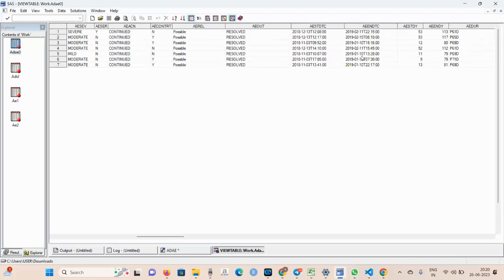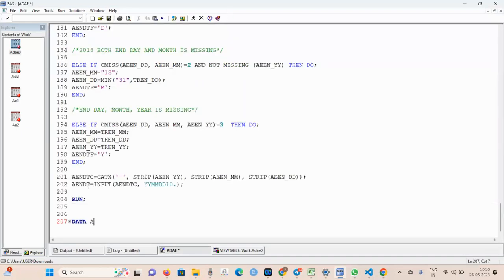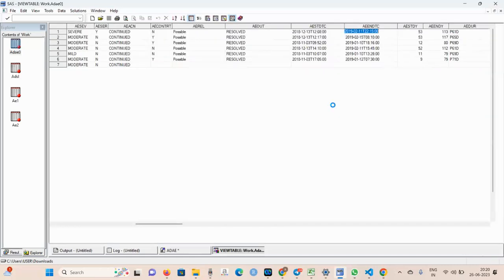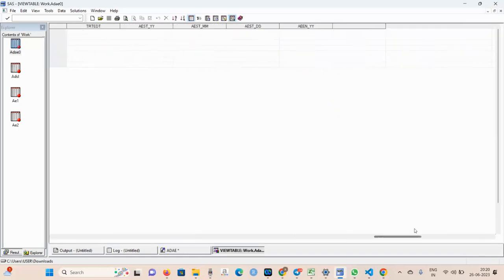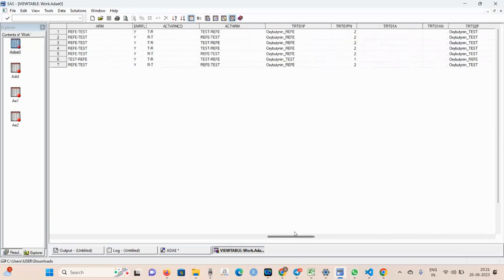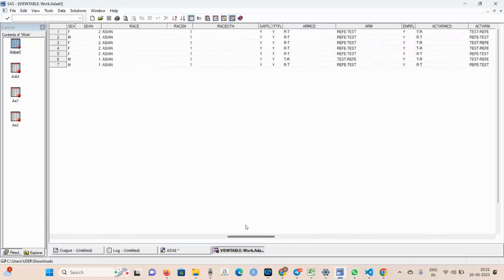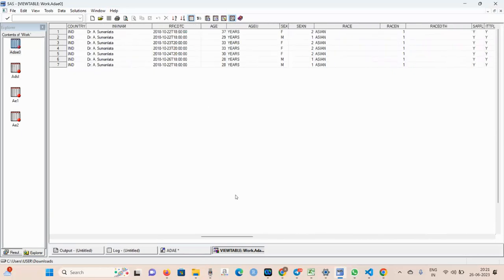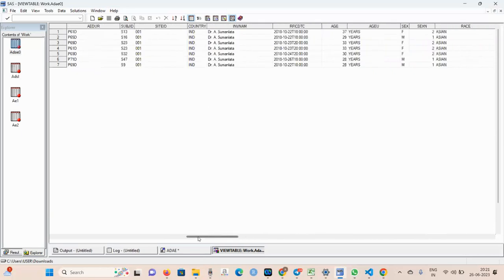Okay, so here the AE and DTC. Because we don't have any missing values, typically the AEN and DT will be the same dates. But we have some different dates here. There is some error inside the programming, so I will check and explain it tomorrow.